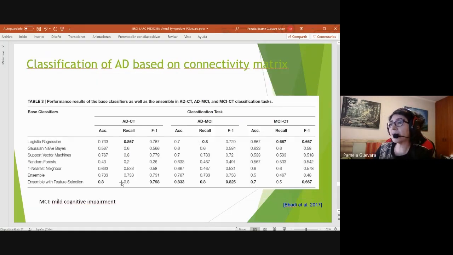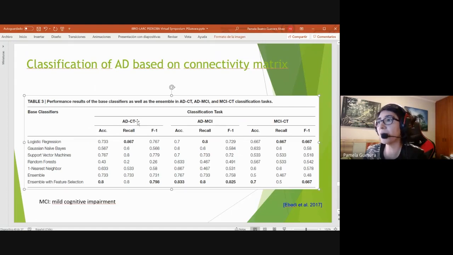And what they found, here is a summary. The idea is they found 80% accuracy when they tried to classify Alzheimer's disease and control patients. That means that 80% of the time they could tell whether the images and the features came from an Alzheimer's disease patient or from a control.